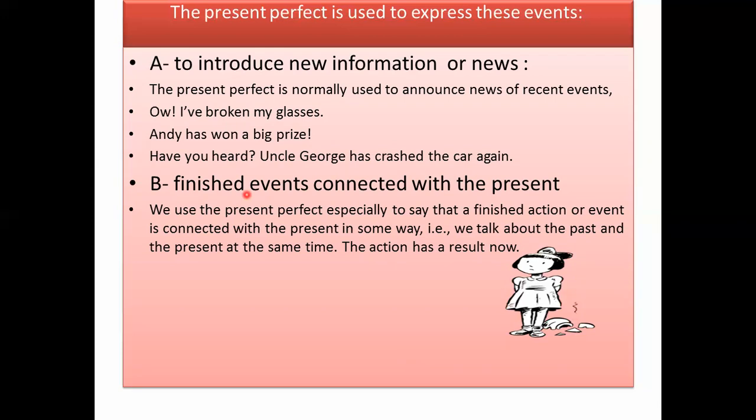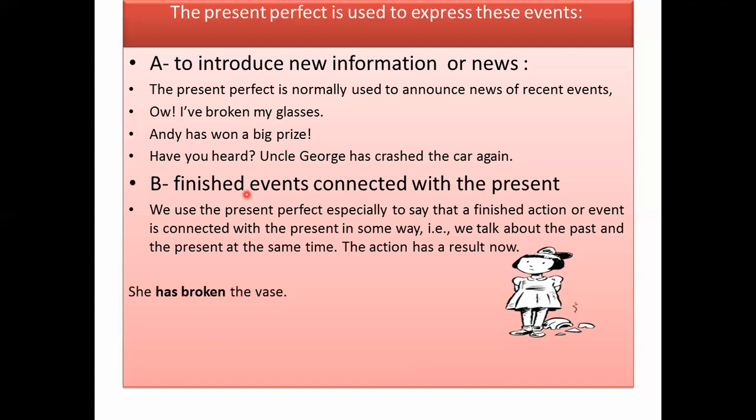So keep in mind when we use the present perfect, we are talking about the past and present at the same time. That's to say, the action that happened in the past has a result now. We can see, we can feel the result of that action.